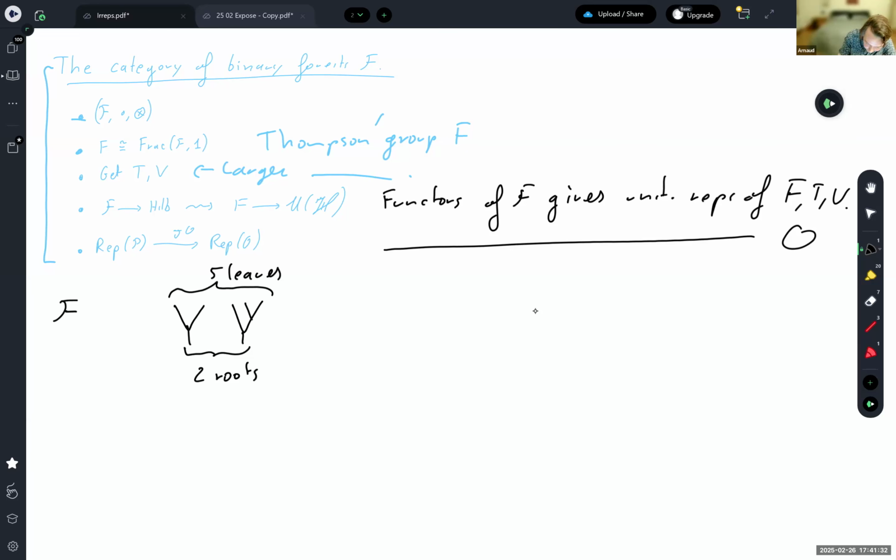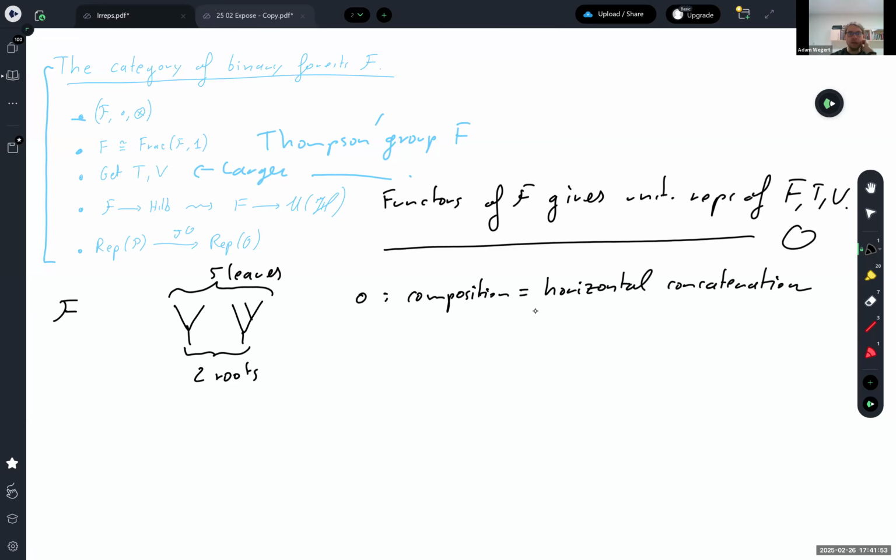And then I can define two things. The composition, which is vertical concatenation. Horizontal or vertical? Oh no, you're right, I'm making a mistake already.